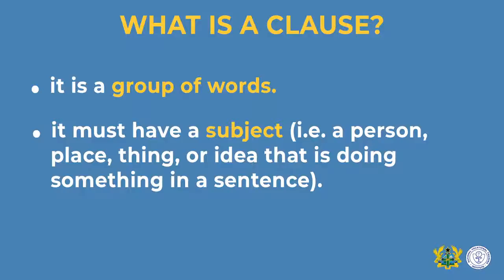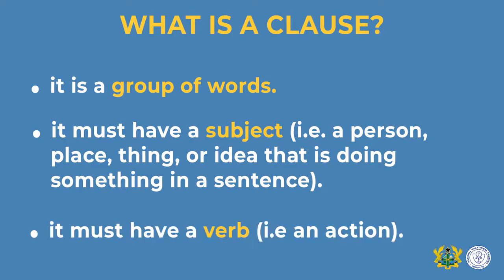The third part is that the group of words should also have a verb. Then we know that we do have a clause. A clause, therefore, is a group of words with a subject and a verb.